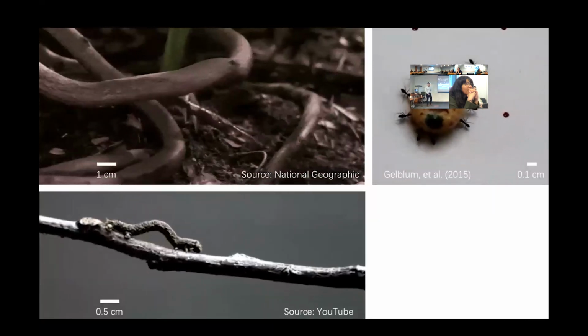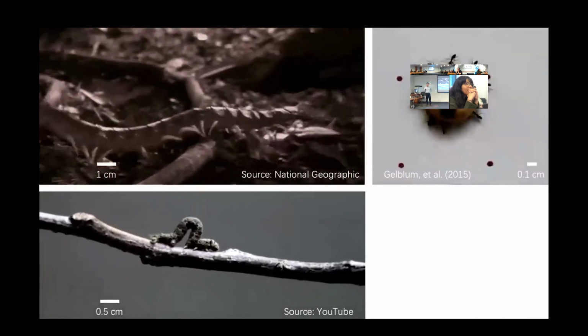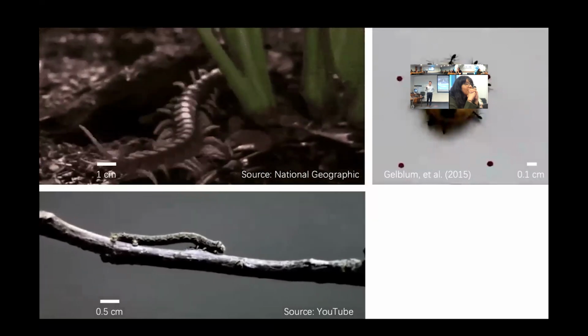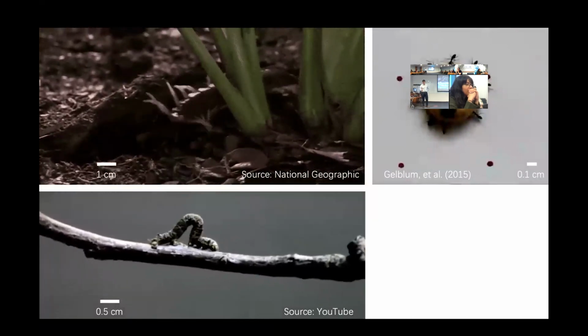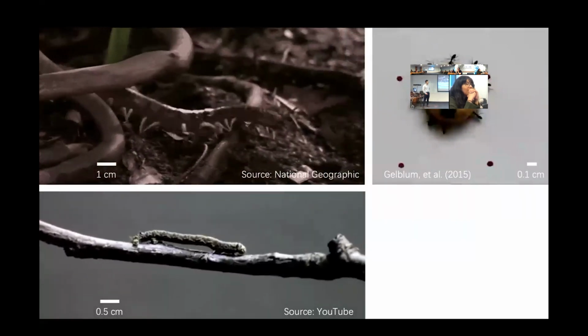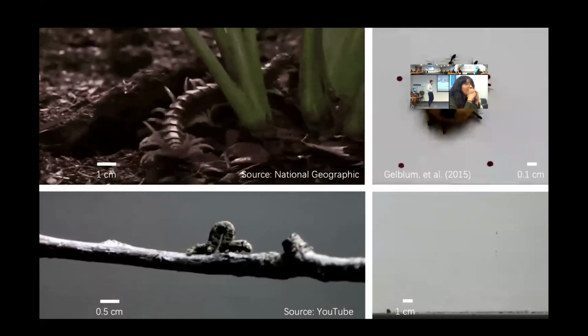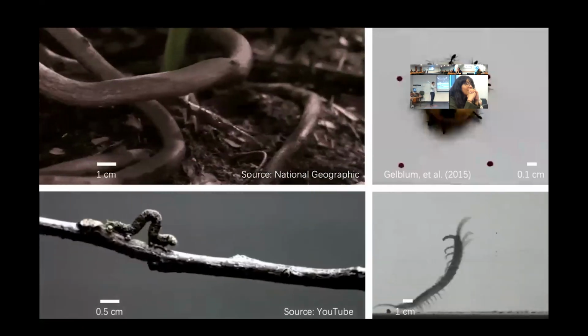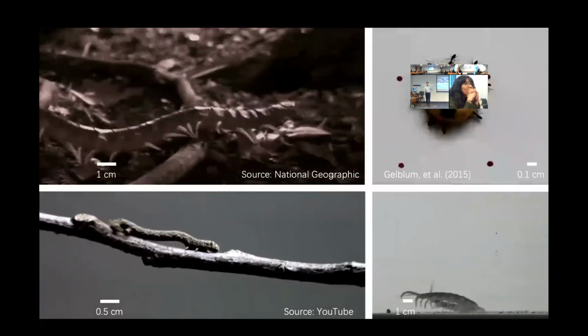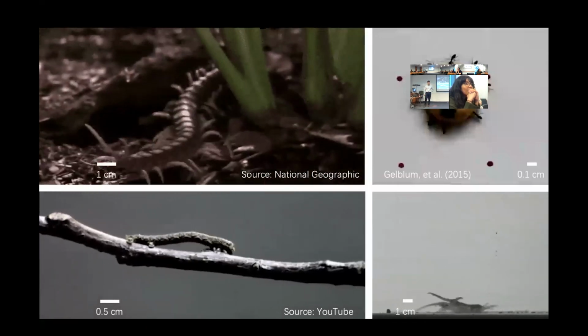And we also have a caterpillar moving around, perhaps not knowing what's in front of it at all. And finally, this is my favorite, a centipede can perform this dynamic and agile rolling behavior. See, rolling. It's quite impressive what animals can do.